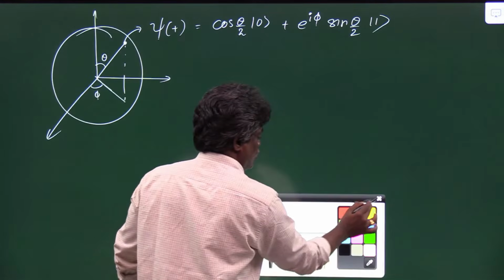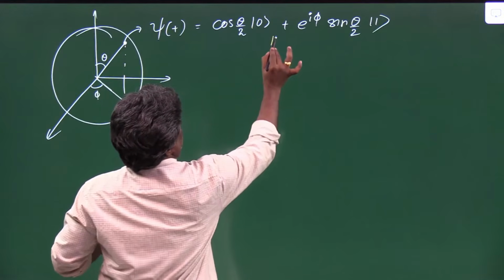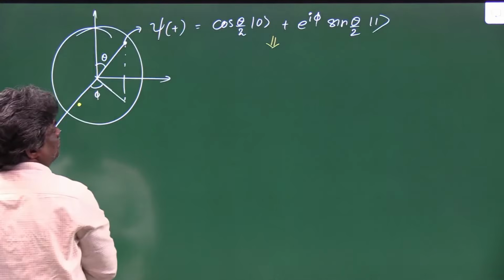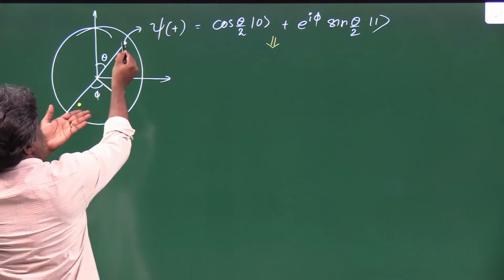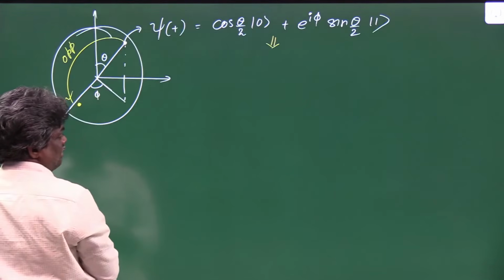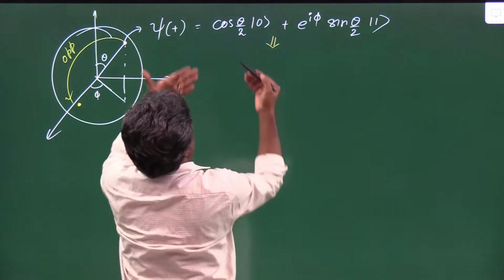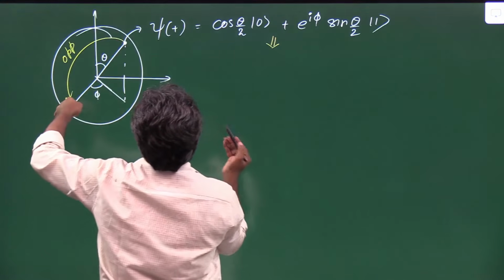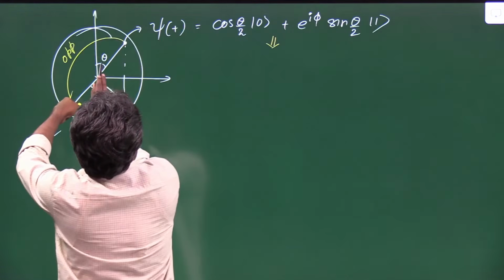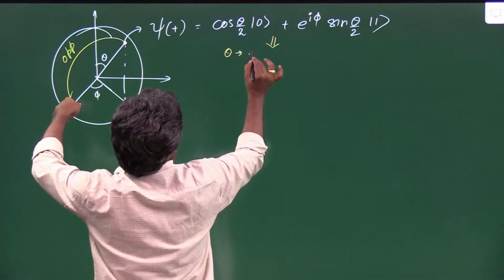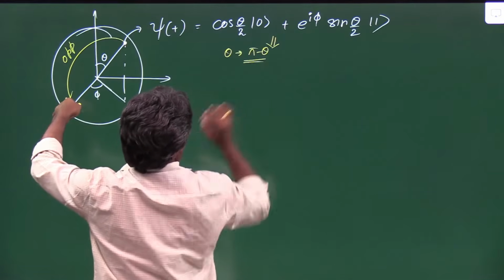Now what I am going to do is take exactly the opposite point. How to get the exactly opposite point? If I turn like this, that is a pi, but I have to subtract theta. So theta is replaced with pi minus theta.